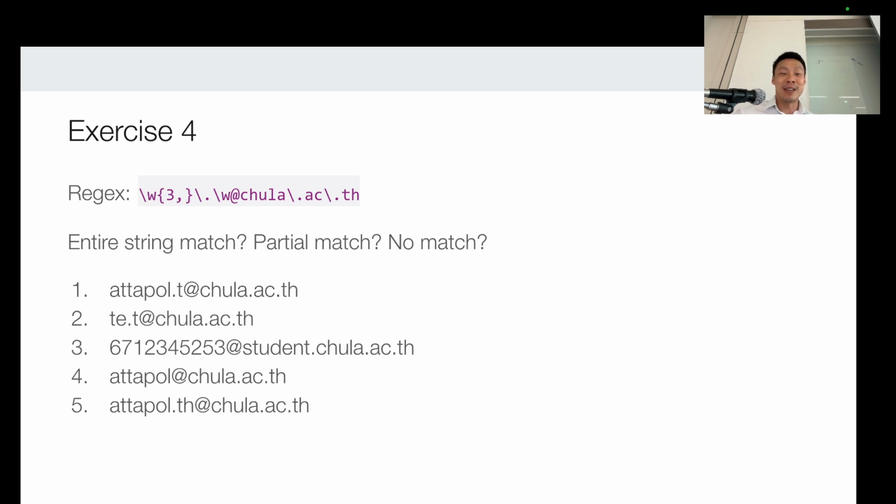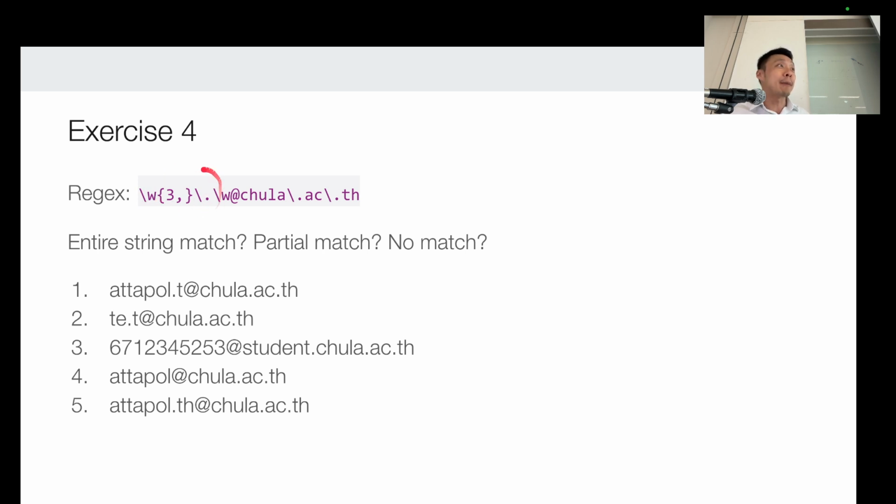It does a better job than me, really. But let's do this. So, what does this word mean? Word character, at least 3, right? At least 3 word characters, including Thai characters as well.